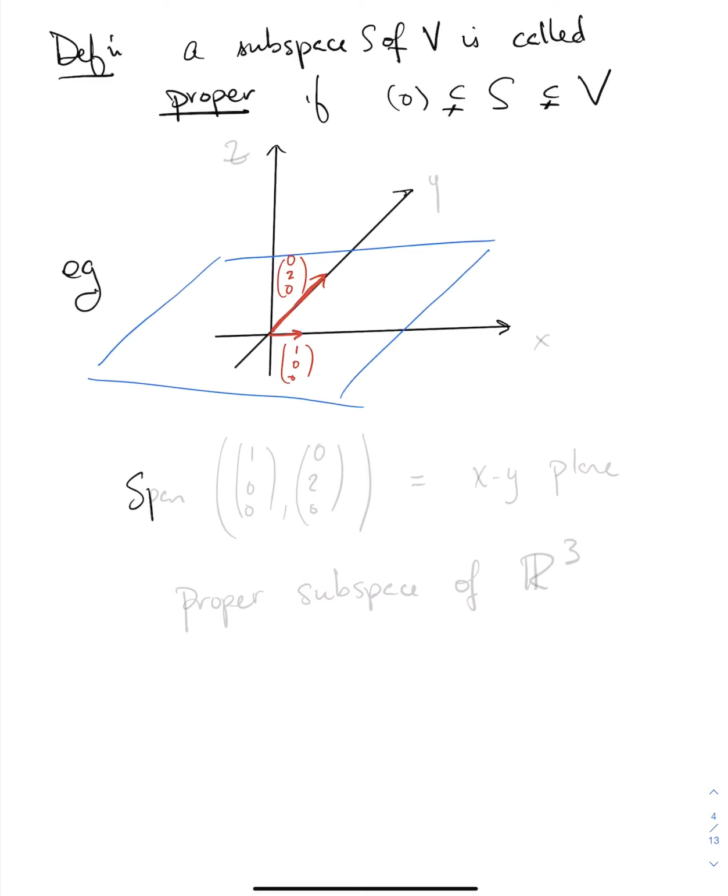The span of (1, 0, 0) and (0, 2, 0) is actually the xy plane. And this is a proper subspace of R3.